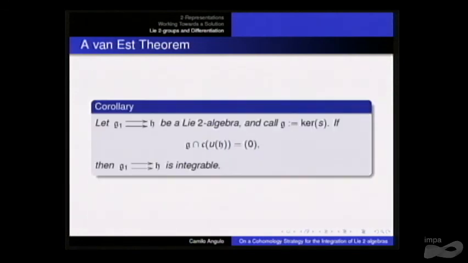And as a corollary of this, there is this cute result, which is that if you start off with a Lie 2-algebra for which the centralizer of the unit is transversal to the core, then the thing is integrable. The proof is, if you look at the adjoint representation, it is an honest vector space, and then you go through the whole Van Est program, and that's how you integrate.